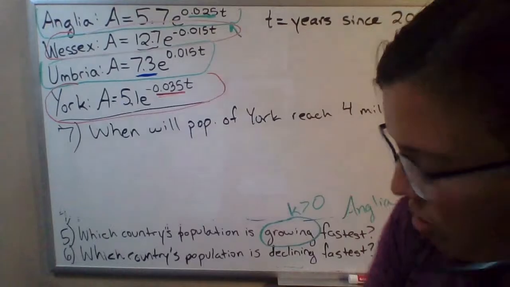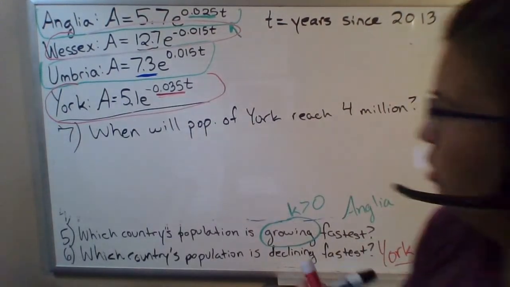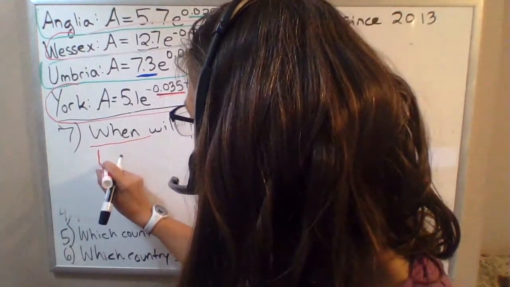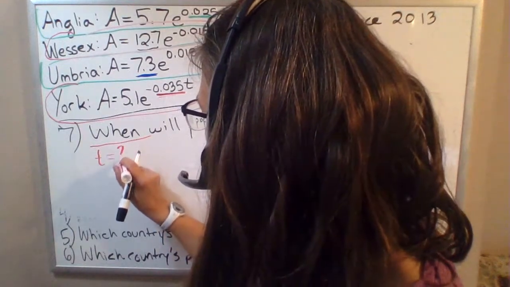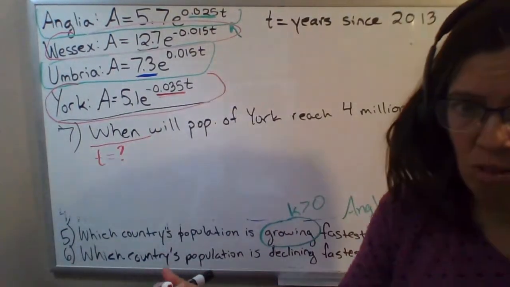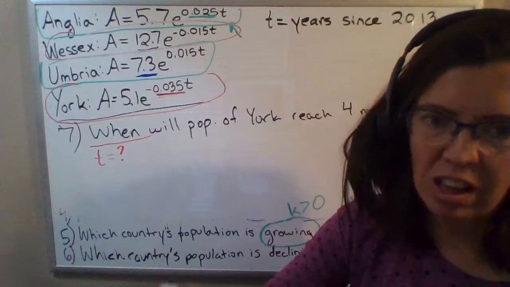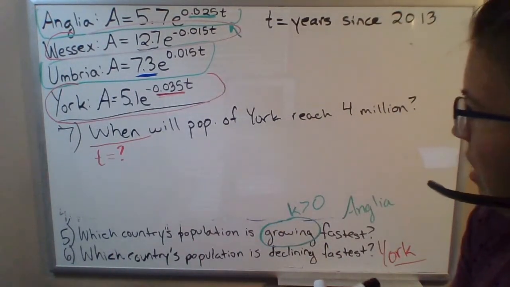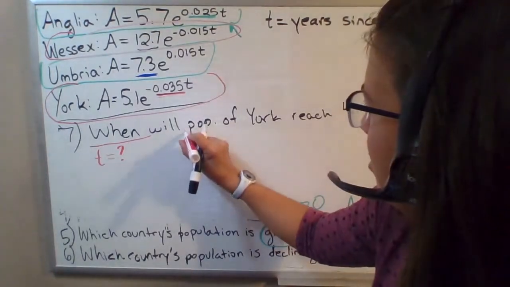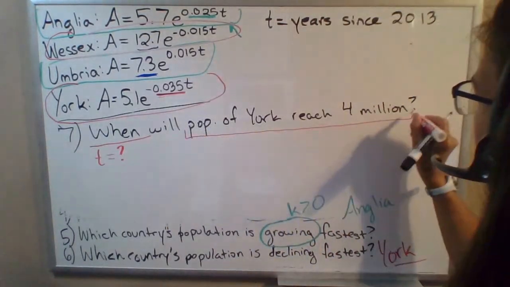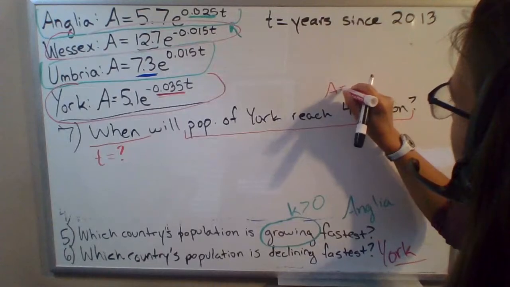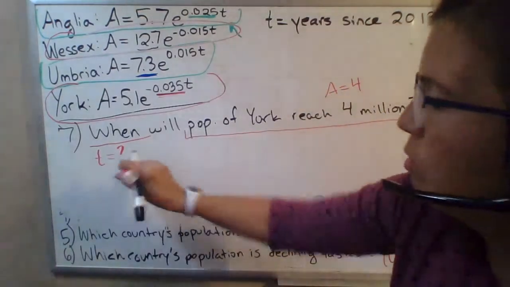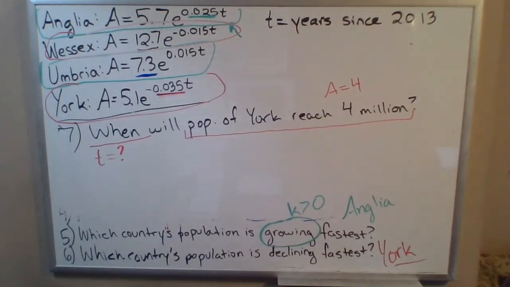The difference in this problem is that the question is when, so we're solving for t. In all those previous questions, we were given a t, we were given a year, so we used that to determine the value of t and then plugged in to find the population. In this problem, that is reversed. We have the population, 4 million. We're wondering what the corresponding value of t is.